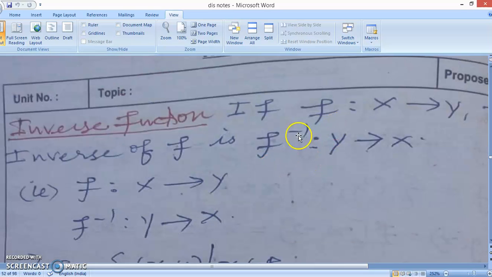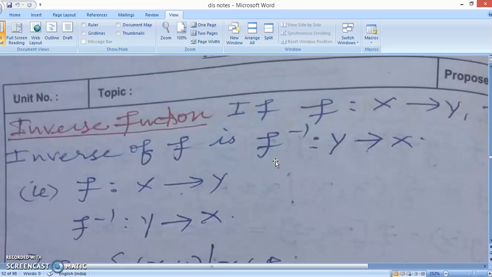Inverse function. Let f be a function from X to Y. So f is a function from the domain X to the codomain Y, and the inverse of f is defined as f inverse from Y to X. If there exists a function from X to Y, then for the same function we can get its pre-images.